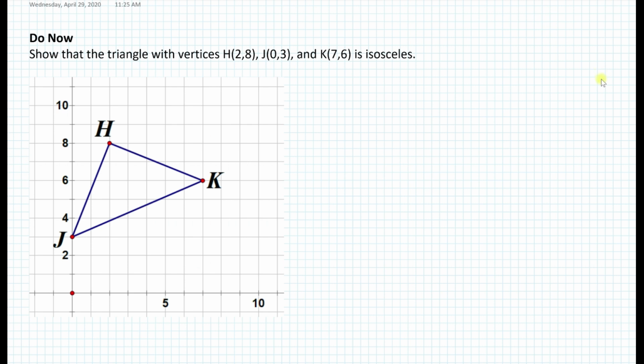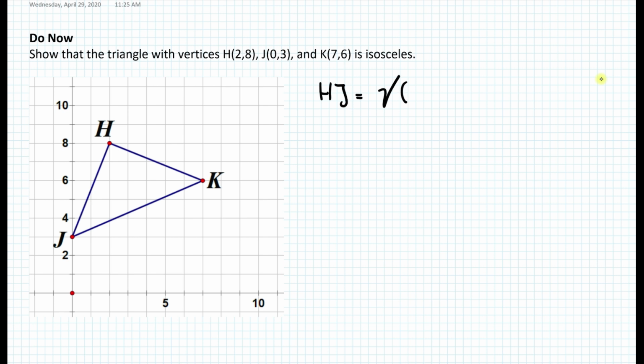So here, point H is (2, 8), J is (0, 3), and K is (7, 6). The first thing we want to do is find the distances between all these points. Let's get started with the distance from H to J. So you write it like this, HJ equal to the square root of, and now we're going to look at the distances in x.